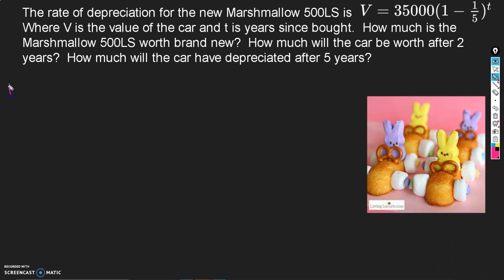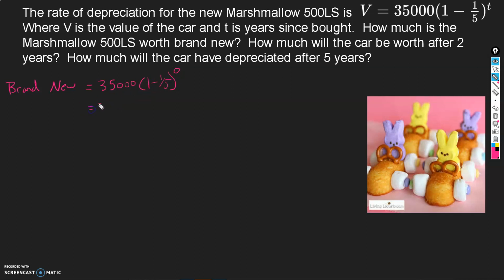Okay, so brand new. How much time has passed if the car is brand new? No time has passed. So that is T equals 0. So the value of the car brand new will be 35,000 times (1 minus 1/5) to the T. It's brand new, so no time has passed.